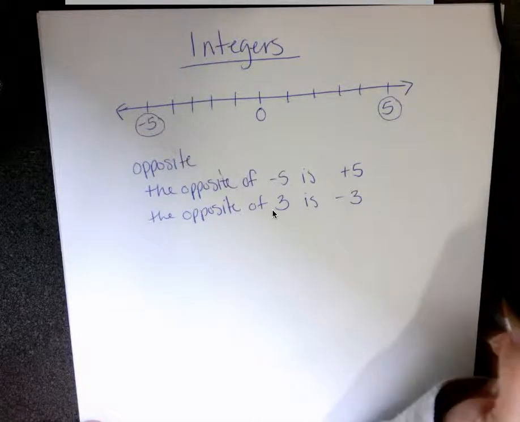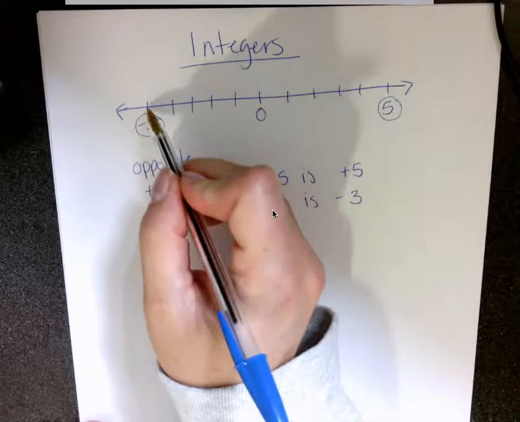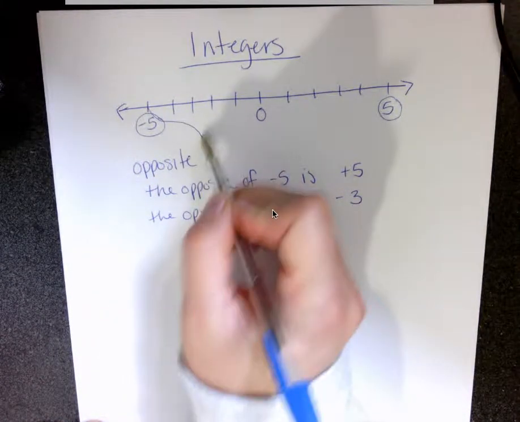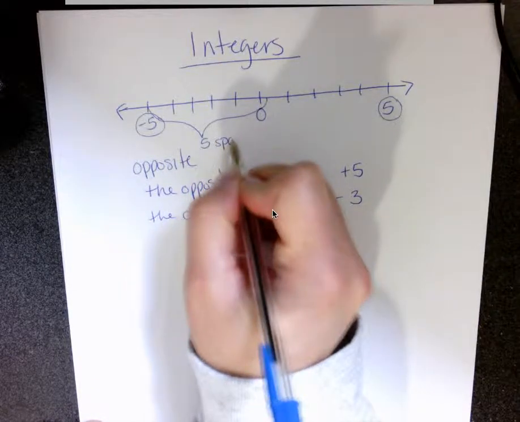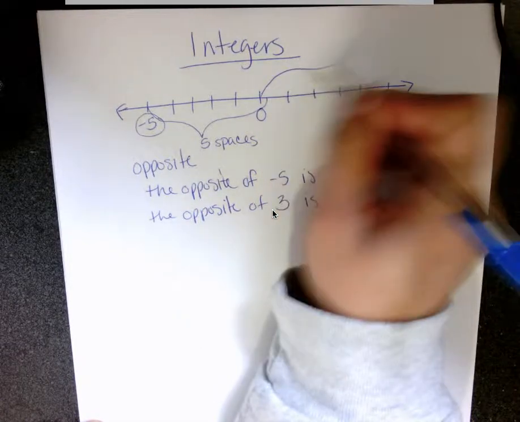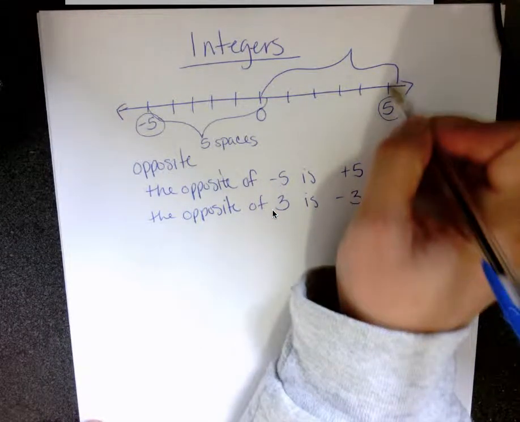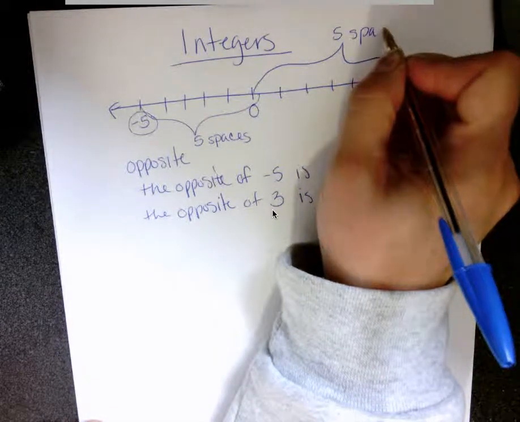It's a really good time to talk about what absolute value means. Because if we look at this -5, it is 5 spaces away from 0, right? And this number +5 is also 5 spaces away from 0.